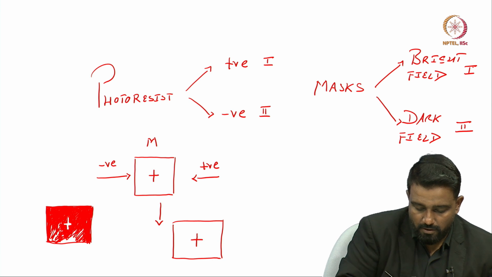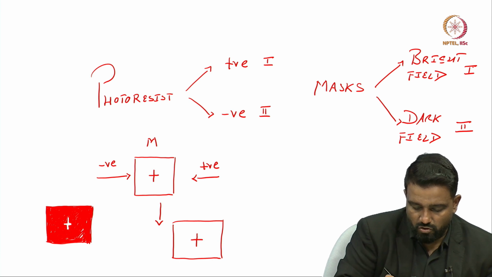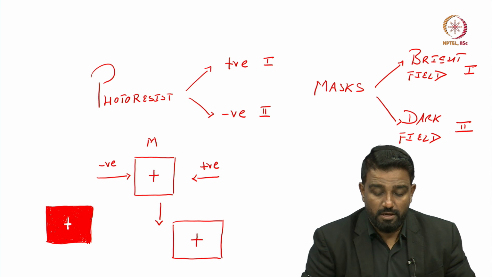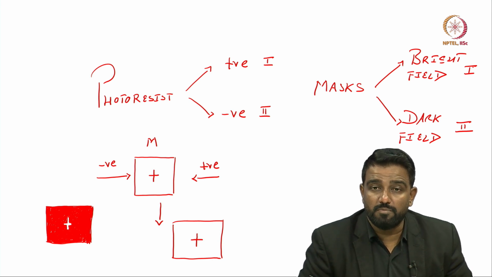If you read different books, things are written in different ways, but the meaning is the same. In some books you will read that for positive photoresist, the area which is exposed becomes weaker.